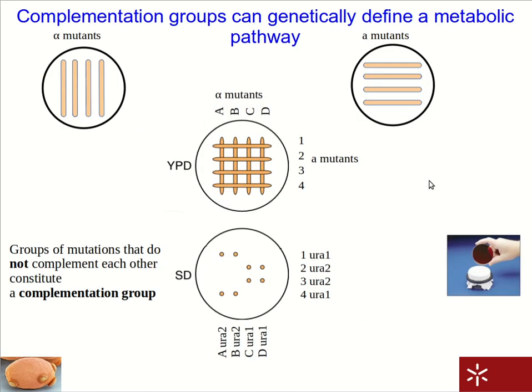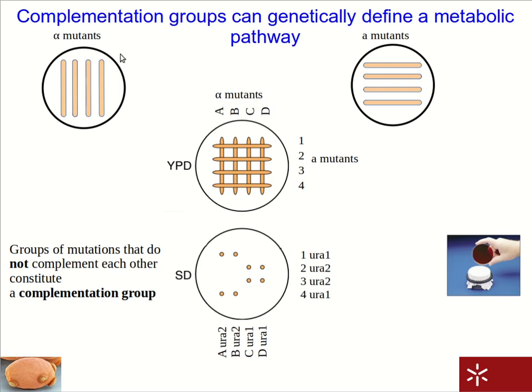So how do we perform this complementation in a practical sense? We first start with 2 non-selective plates where we streak our alpha mutants in lines like this, and another one where we streak the A mutants in a line like this. We have now 4 mutants of each kind in this example.